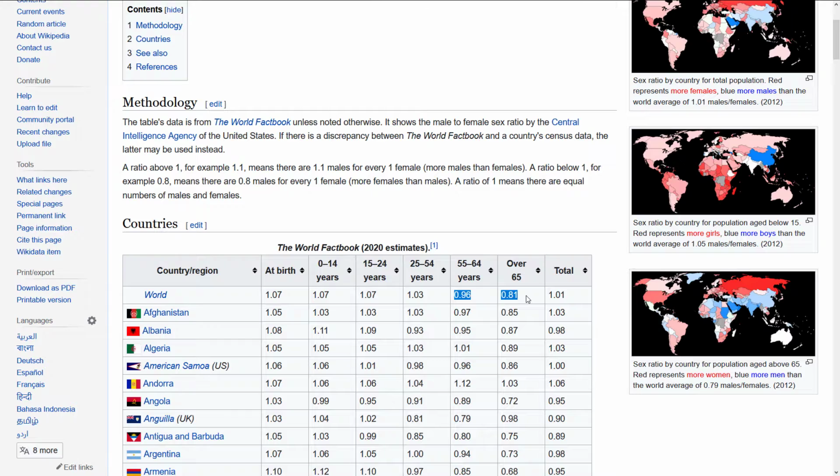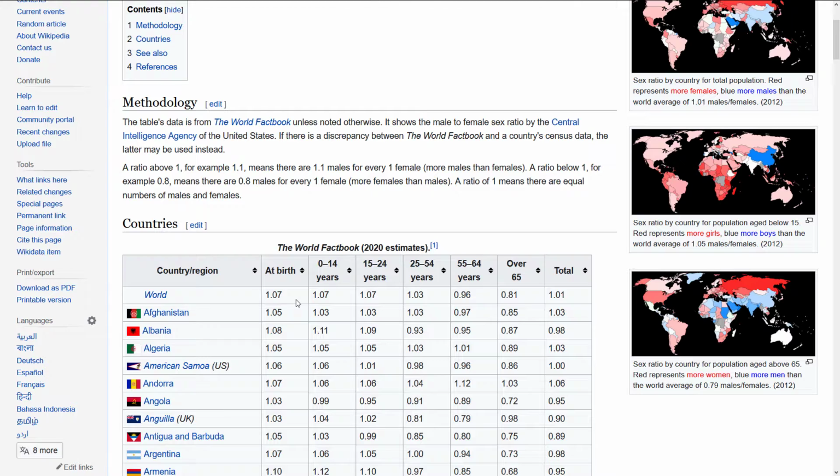Maybe because male like to do stupid thing and get themselves killed in war. So female generally have a longer lifespan, which contribute to the ratio that is close to 1 for the total. But at birth, we still cannot deny that the ratio is not equal.